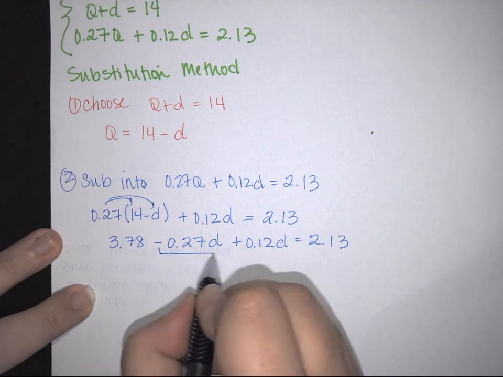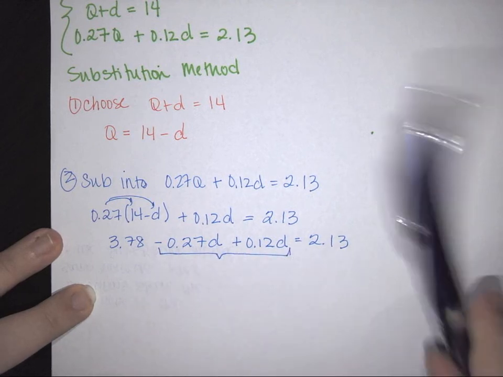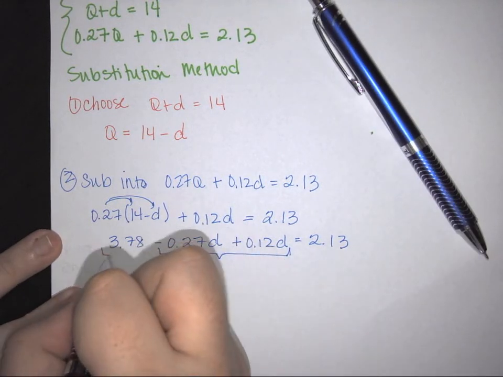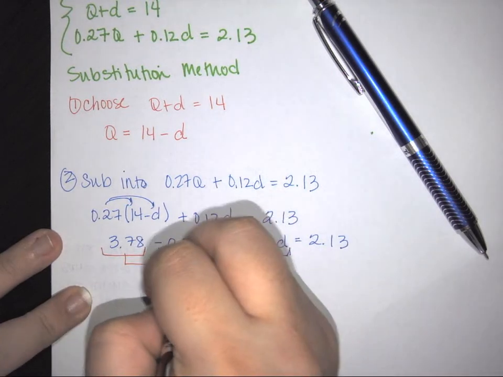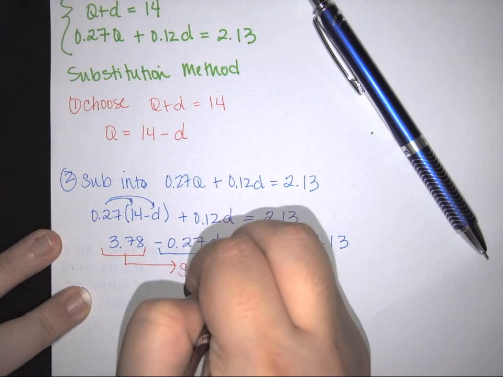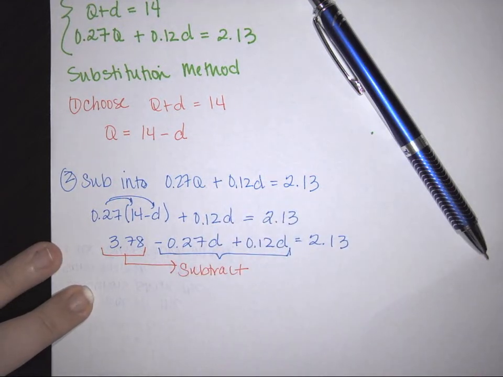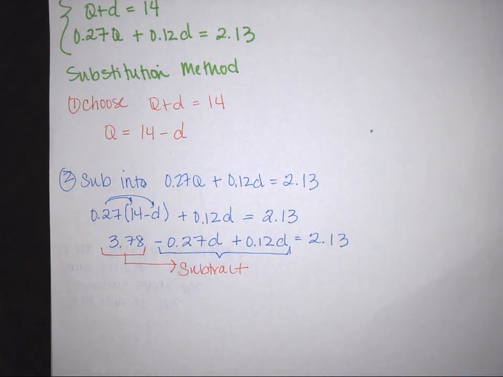I need to combine my two variables, but then at the same time I also need to move my constant. Since it's positive, I have to subtract. So here I've got my negative 0.27 plus my 0.12.